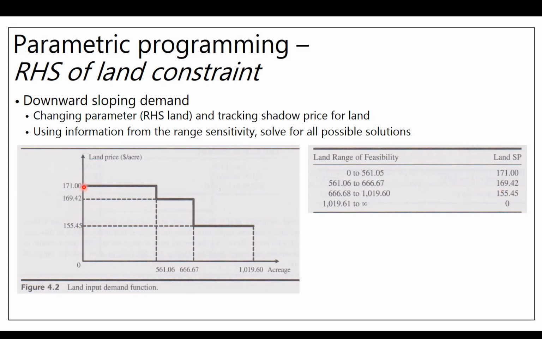This is the parametric land demand curve that we could generate. The land price at 171. Land price falls. This is the quantity of land that you use. Add more land to the model, and the shadow price falls here, and eventually you get to a point where it has no marginal value because you can't use it.